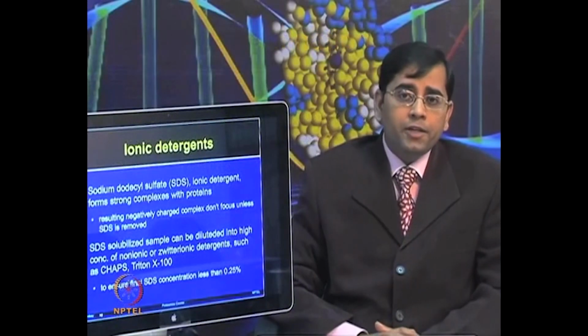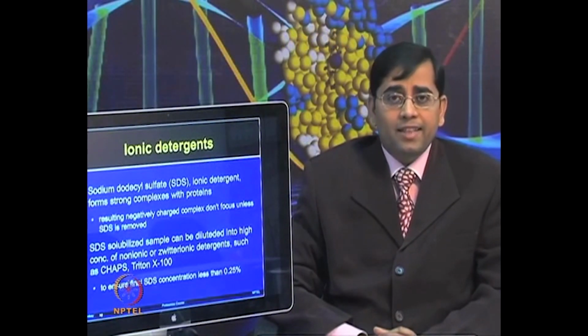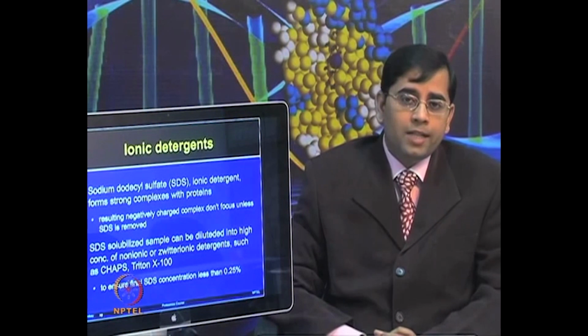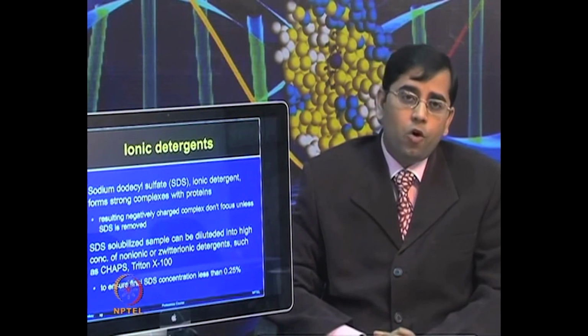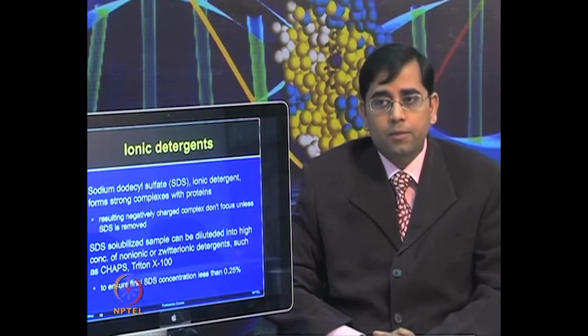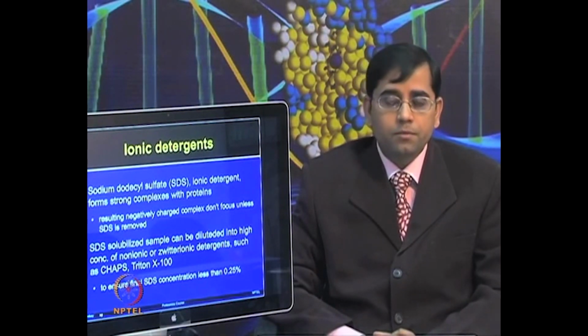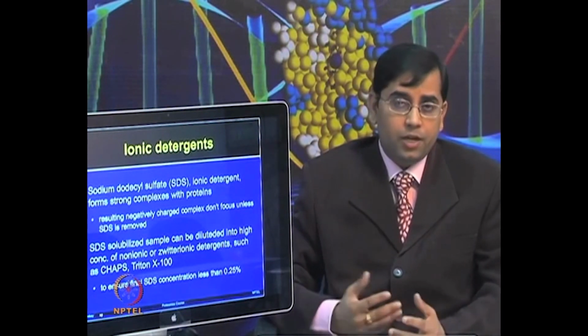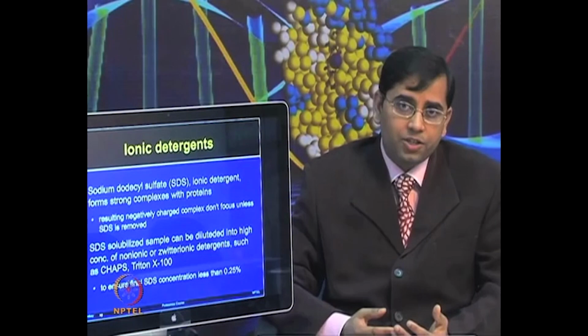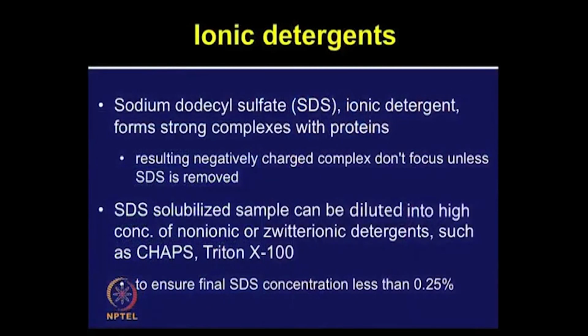Now, let us talk about ionic detergent. SDS, sodium dodecyl sulphate, is one of the anionic detergents which forms a very strong complex with proteins. We will talk about SDS and how it can be used for gel electrophoresis such as SDS PAGE. But in this context, when you are talking about protein preparation, SDS is a very efficient compound.